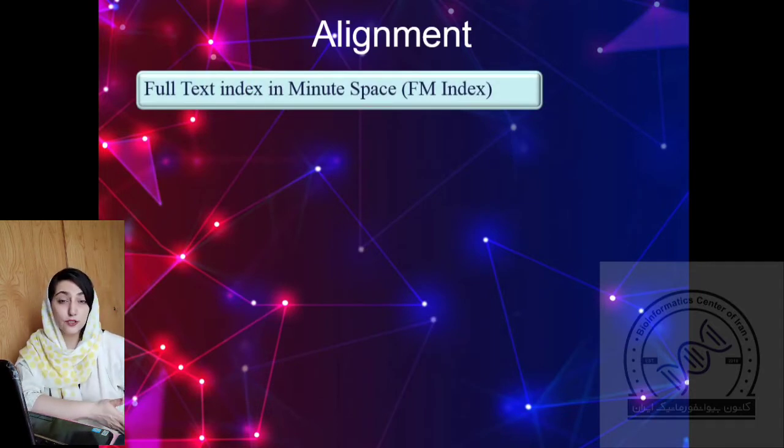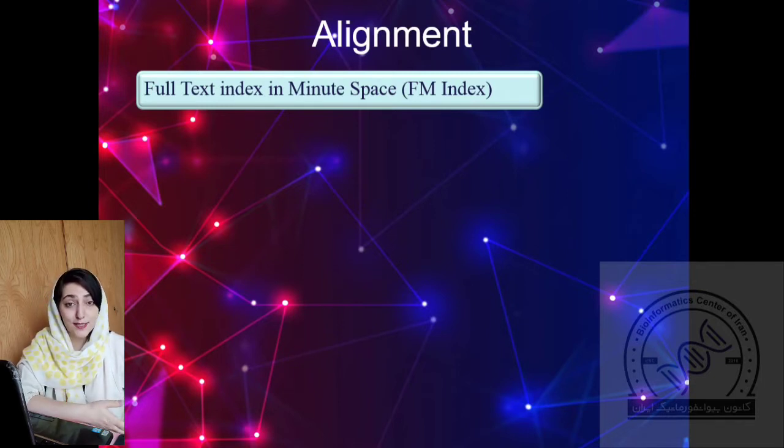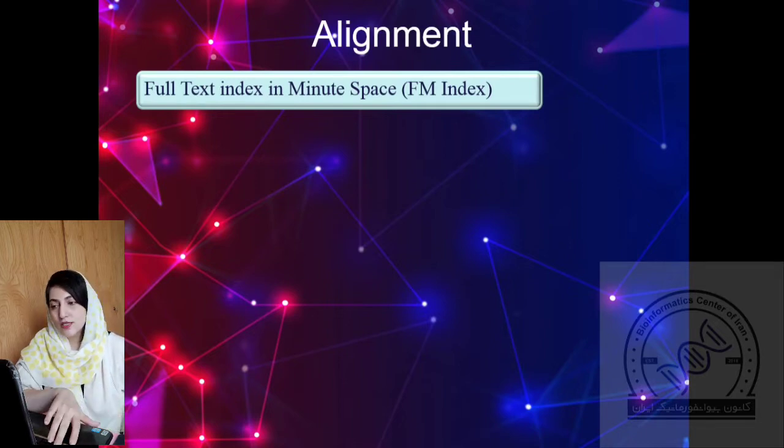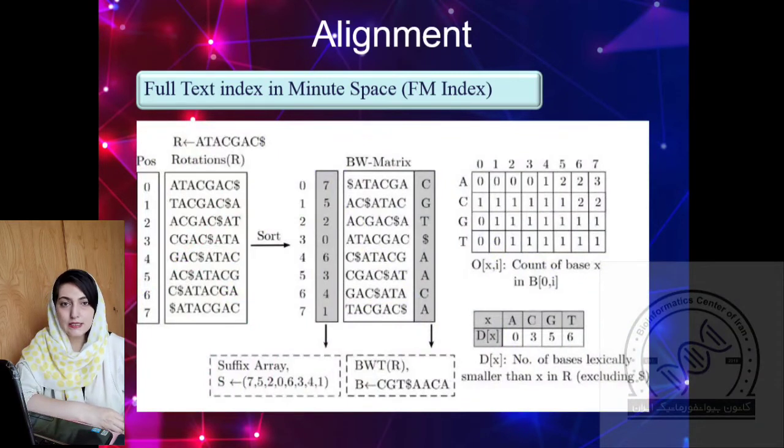When suffix array was first introduced, it made many things easy in RNA sequencing data analysis, but it was known for its high memory usage and long runtime. So another algorithm was introduced, called full text index in minute space, or FM index.